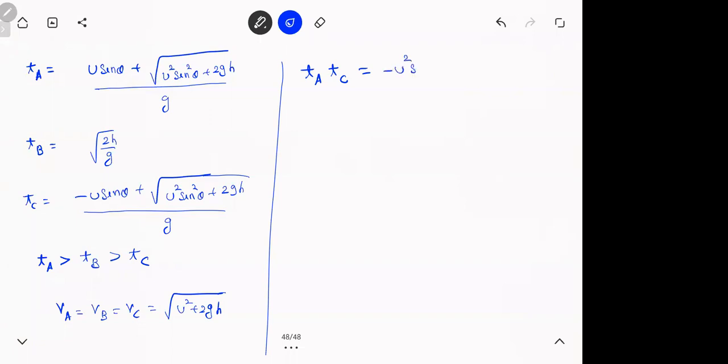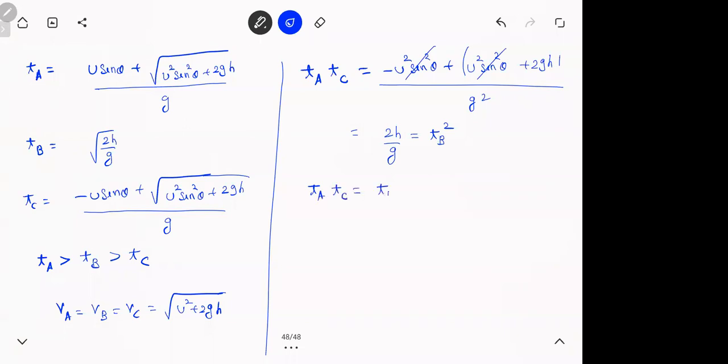You'll get minus u square sine square theta plus u square sine square theta plus 2gh by g square. This will cancel. This will be 2h by g, which is nothing but TB square. So the product of time taken by A and time taken by C is TB square. This is an important result, a straightforward question in the exam.